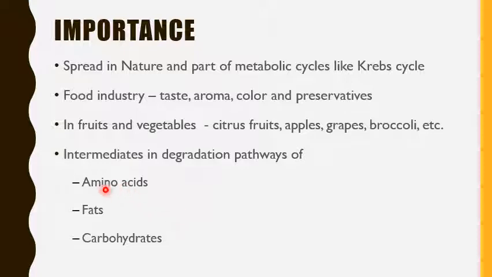And of course, when amino acids break up, they will give you carboxylic acid as an intermediate, and also fats. Our body contains fat, and when we want to burn our fat, the fats at one stage will convert into these intermediates of carboxylic acid. Similarly, amino acids and also carbohydrates. So carbohydrates, the best example, sugar. We do have many sugar molecules and many carbohydrate molecules in our body.